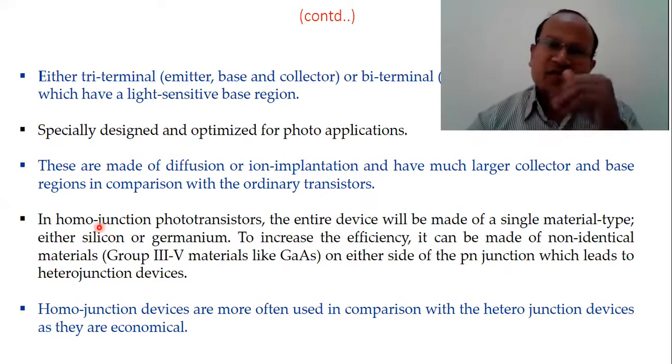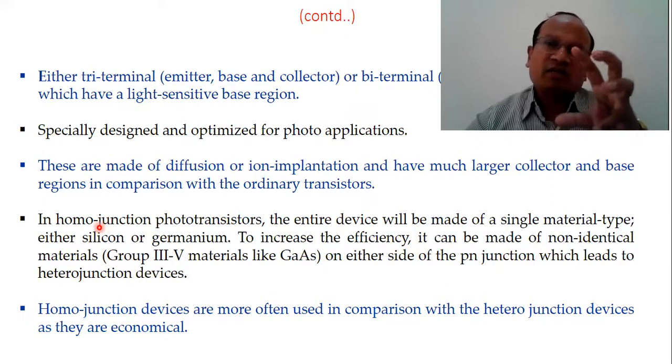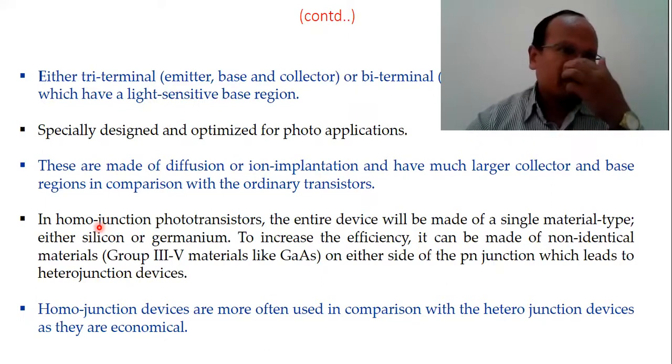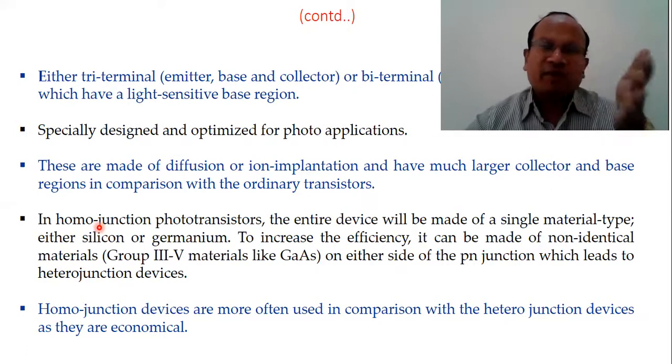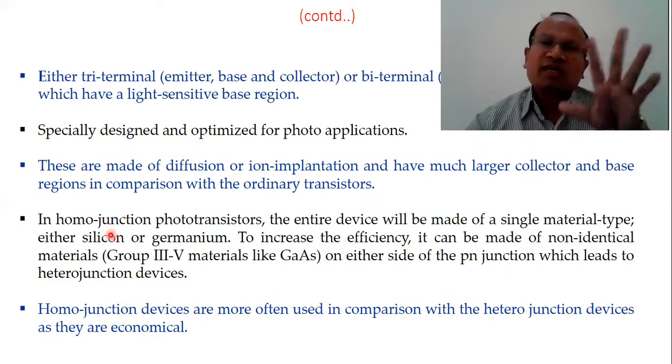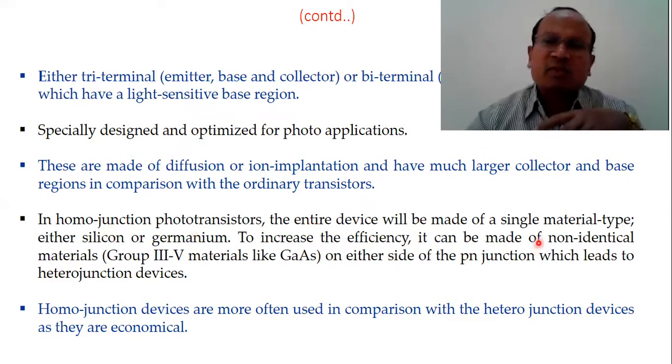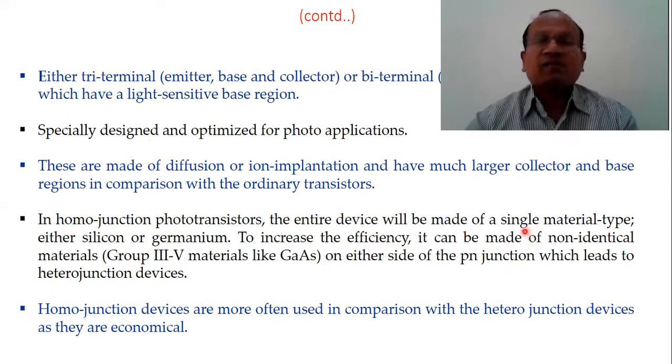And there are two types of junctions. When there are junctions, we are talking about junction collector emitter, collector base, then emitter base junctions. There are homojunction and heterojunction. In homojunction phototransistor, entire device will be made up of single material type, either silicon or germanium or some other material, but single material.